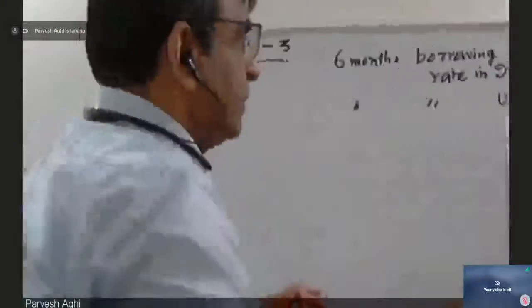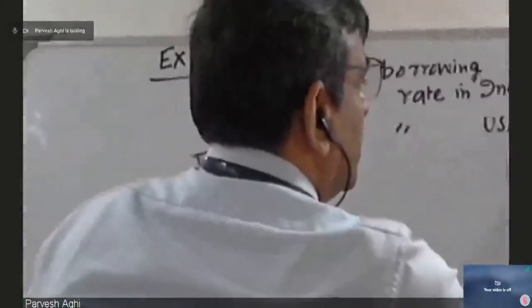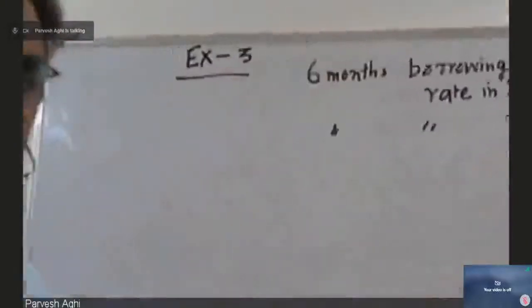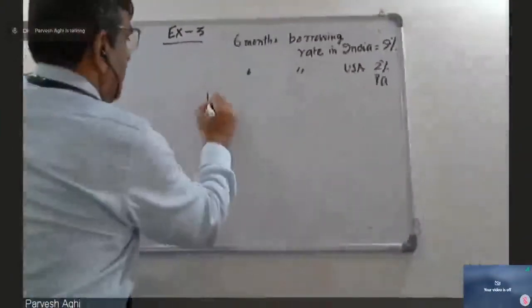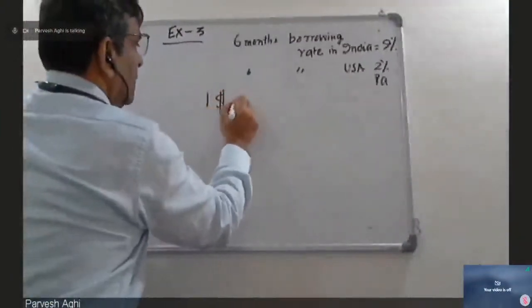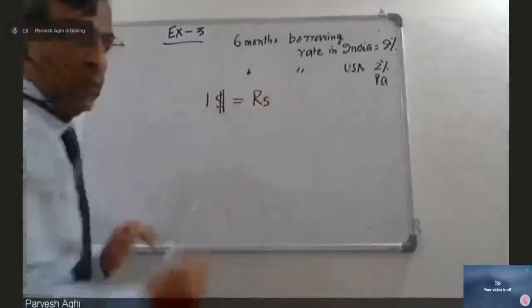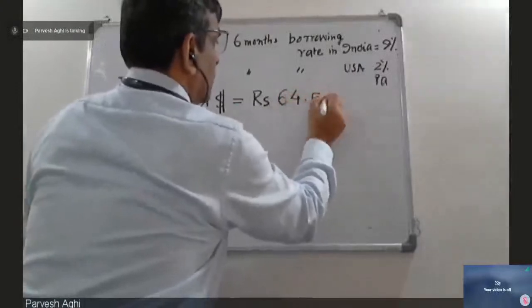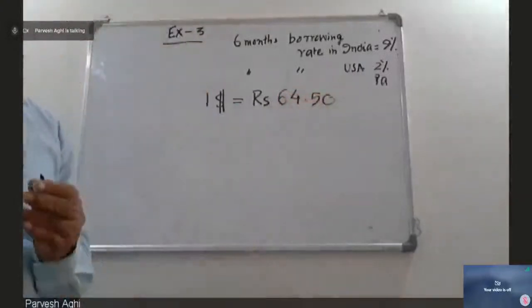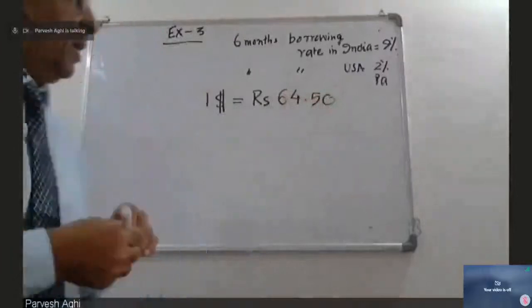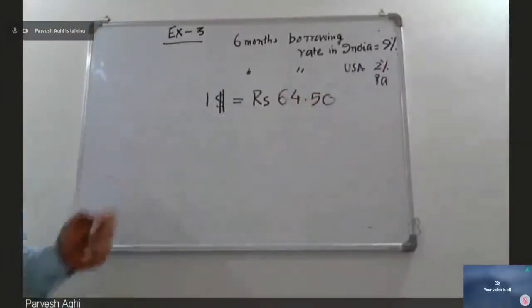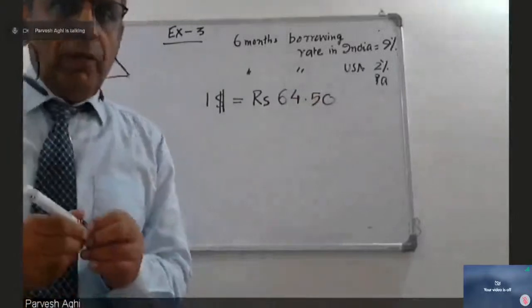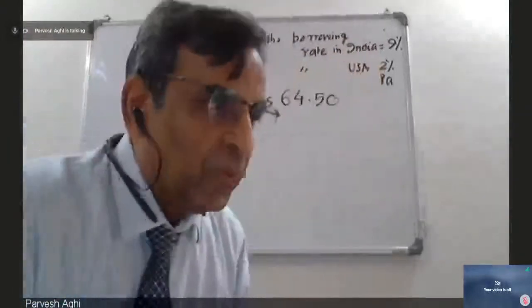Is 2%. Okay. This is per annum rate. Okay. Fine. And it is given that $1 is equal to rupees 64.50. Okay. So this is what is given, and first question is whether US dollar will be at premium or discount. Please tell me whether the US dollar will be at premium or discount.